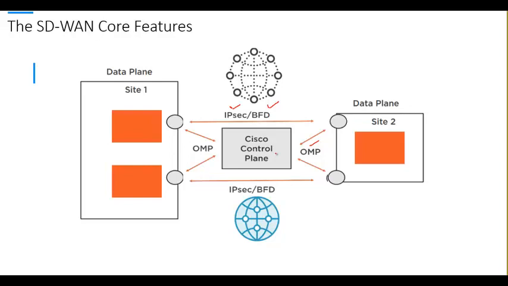So between sites, we have tunnel. The tunnel runs both BFD and IPsec. But between the site, the WAN edge, and the vSmart, what we have is OMP.